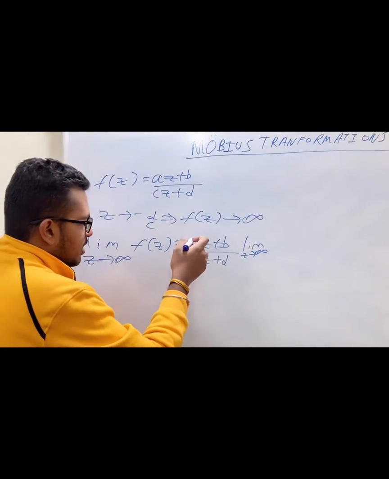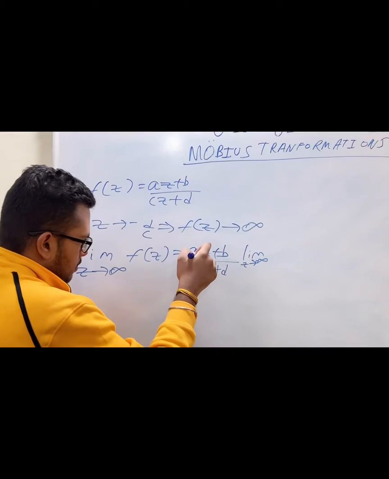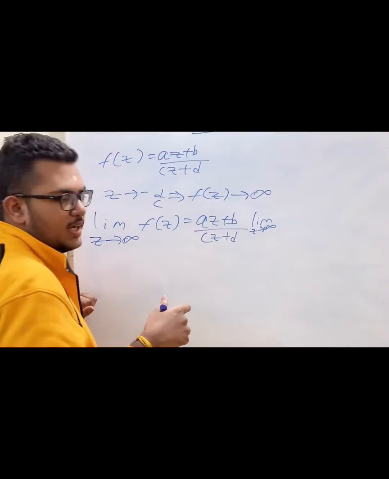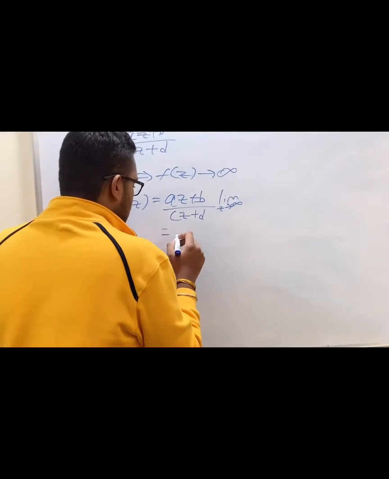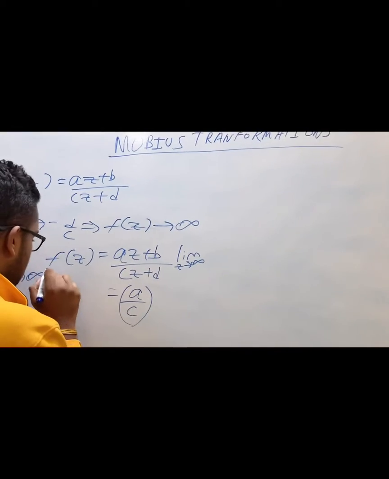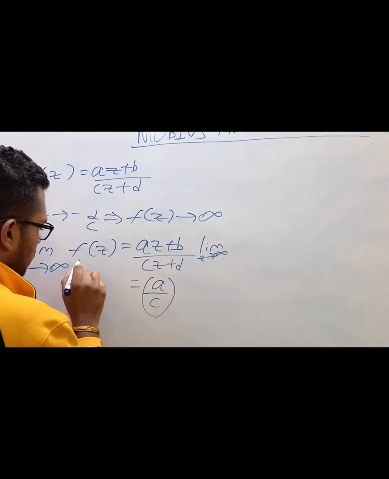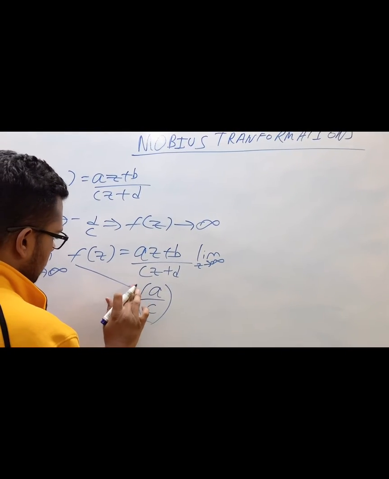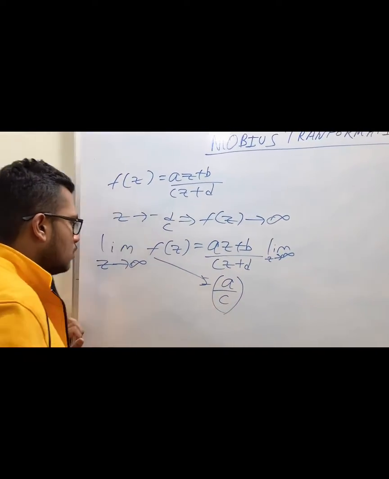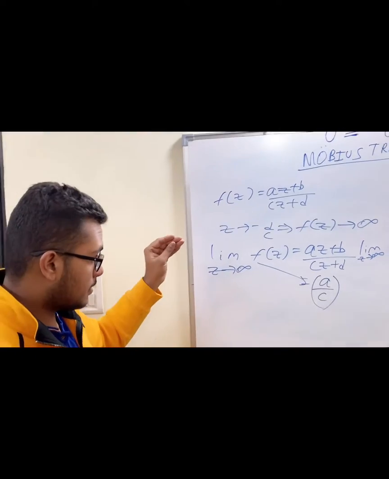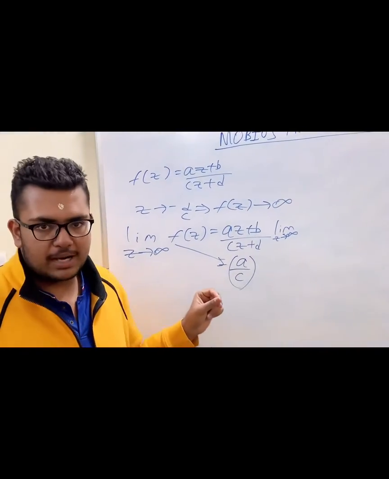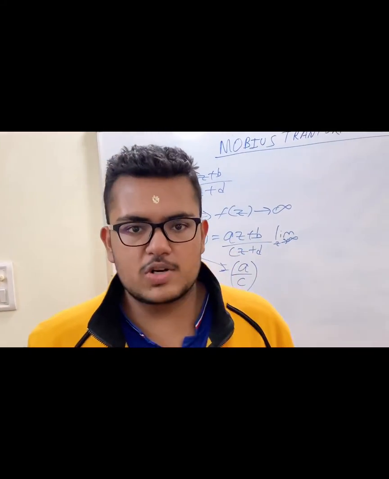So here the variable is z, and I can just use L'Hopital's rule in its usual format. I just differentiate the numerator with respect to z, and the denominator with respect to z. I will end up with a over c. So this is the limit of f of z as z tends to infinity. This is really good, because now we have points at infinity still being mapped to finite points as we had in the inversion mapping.